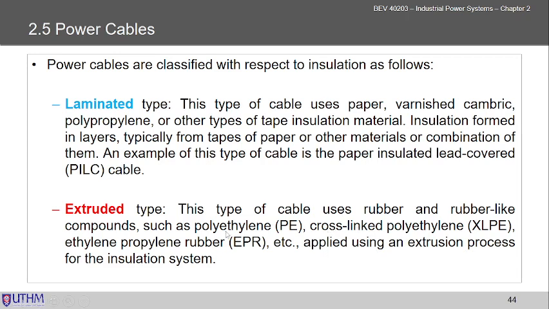The insulators come from a series of rubber compounds, for example polyethylene, PE, or XLPE, which is cross-linked polyethylene, or ethylene propylene rubber, EPR. Just now we had EPR. But anyhow, this is through the extrusion process for the insulation system.